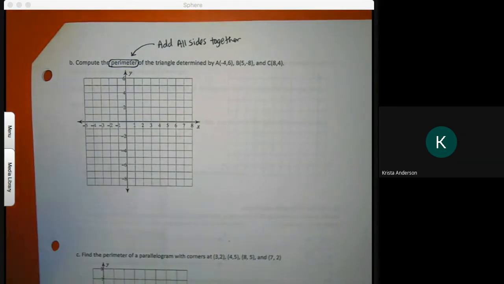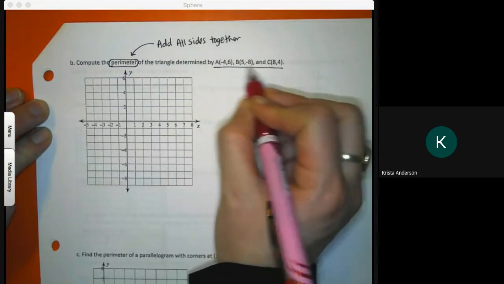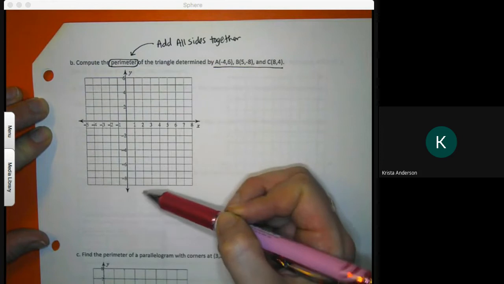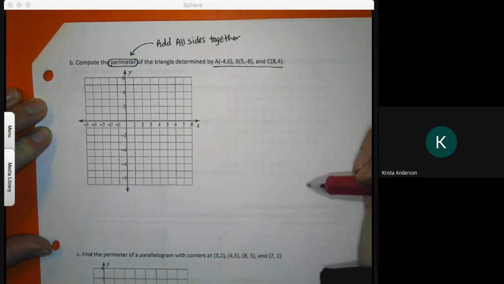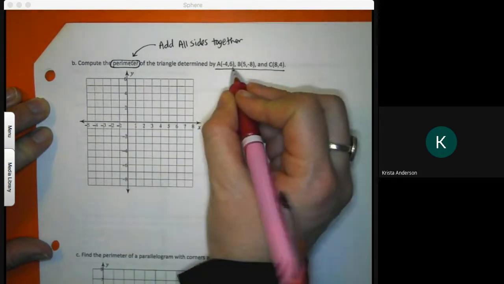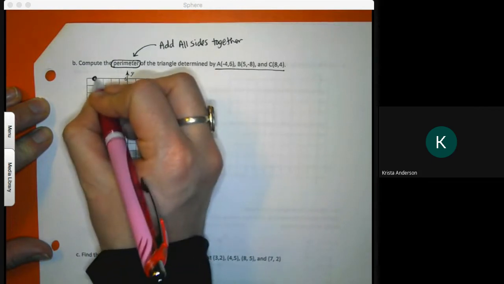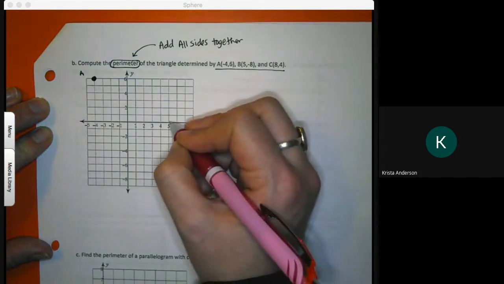All right, the first step, this is what you'll be given. You'll be given the 3 points. You may graph it. I'm going to show you how you can graph it, or you may do it with algebra and not even graph. Graphing it, I have -4 up 6. That's where point A is at. B is at +5 down 8.